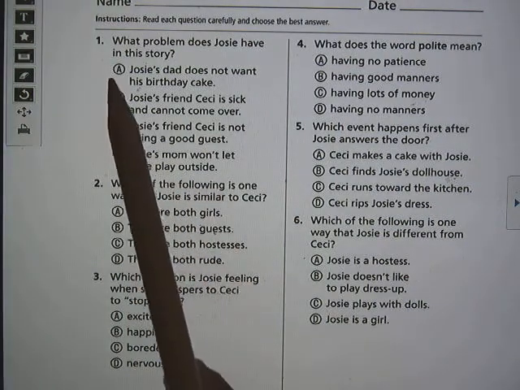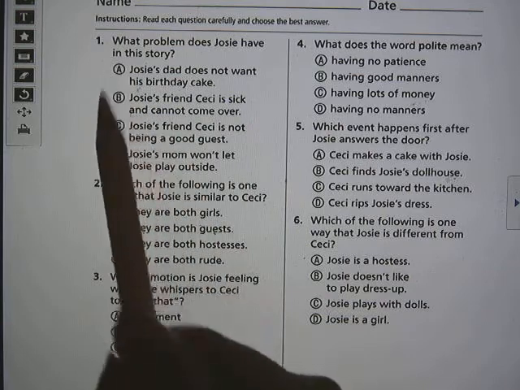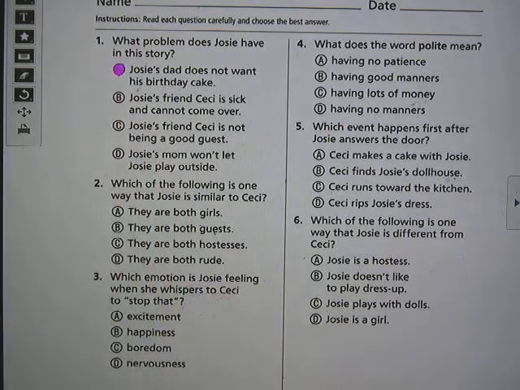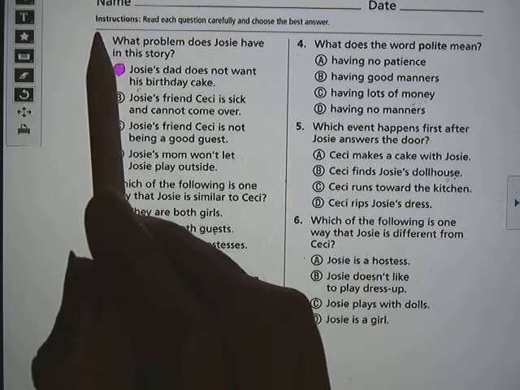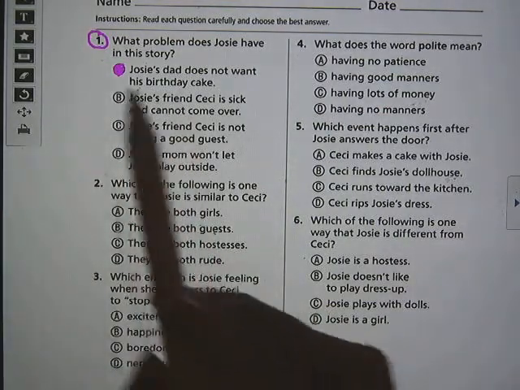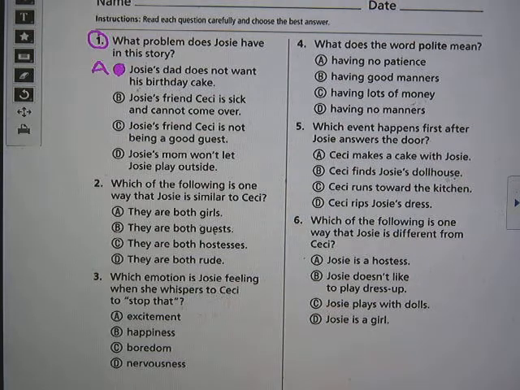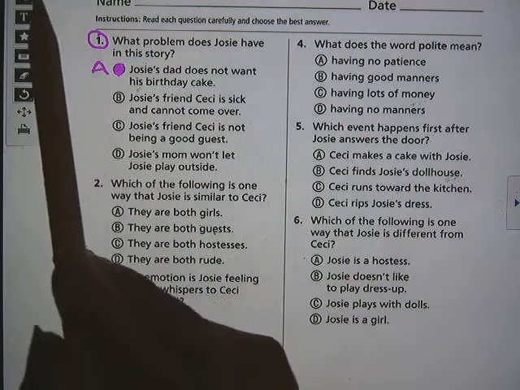All right, I want you to circle. If you think it's A, you're going to circle that. I'm sorry. If you had this in class, that's what you would do. But what you're going to do is write a number 1, and then write the letter A if you think A is the correct choice. Now, I'm not saying A is the right choice. I'm just saying what you would do.